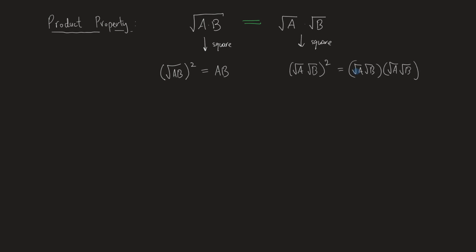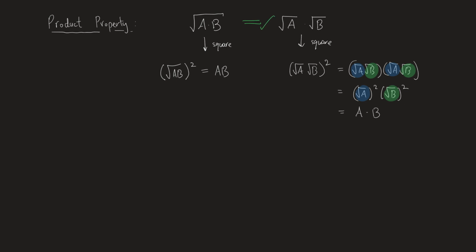I can again use the commutative property of multiplication to rearrange the factors in this product to get root a squared times root b squared. And now if I just rewrite this, I will get a times b. So indeed, this product property works out pretty nicely.